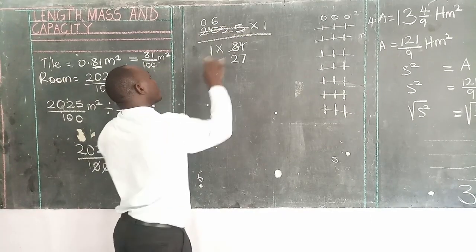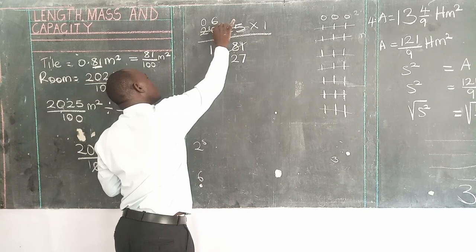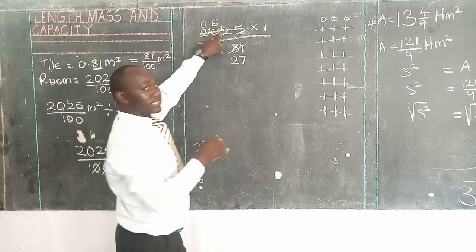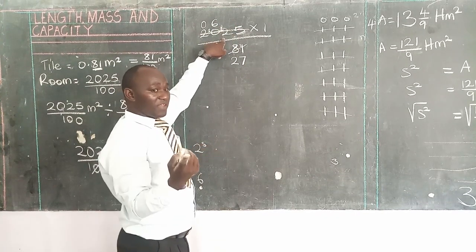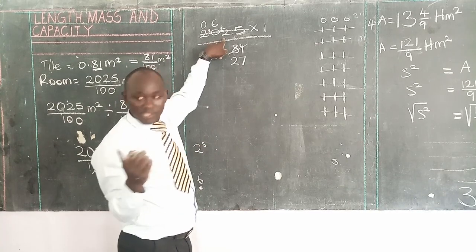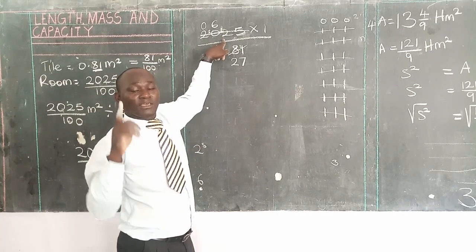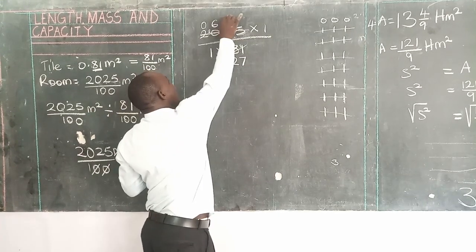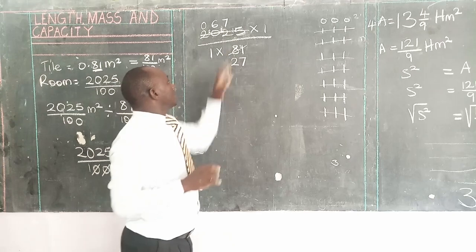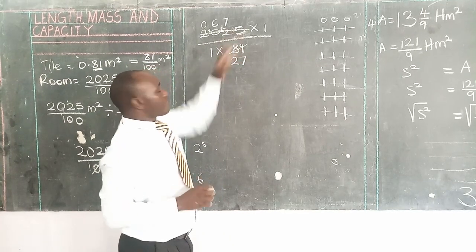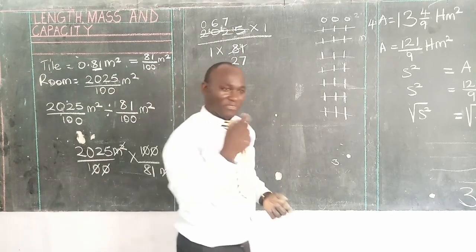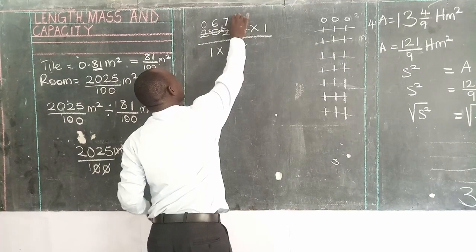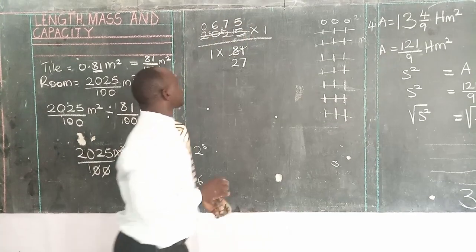So I still have my 22 here. The remainder of 2, when I write here, I will have 22. 22 divided by 3. Master your multiplication table. 22 divided by 3 is 7, and the remainder is 1. So I'm now having 15. 15 divided by 3 is nothing but 5.